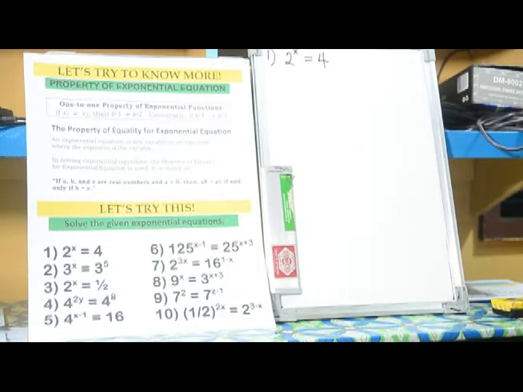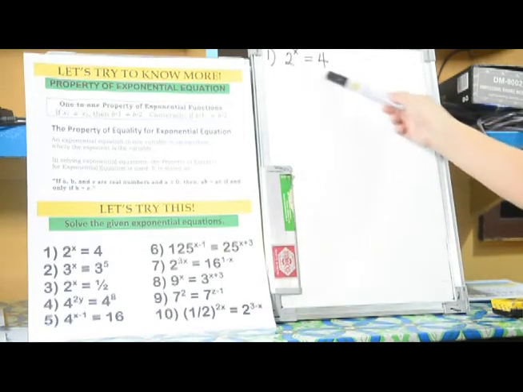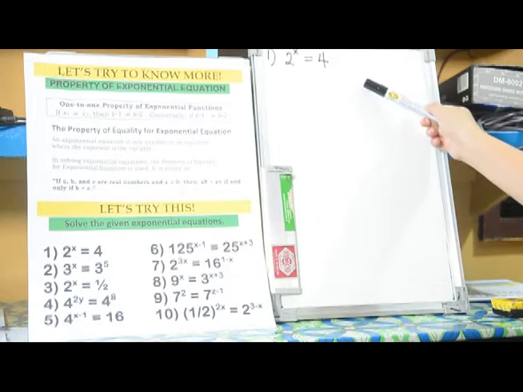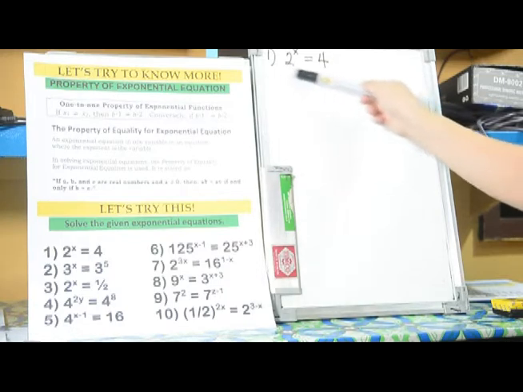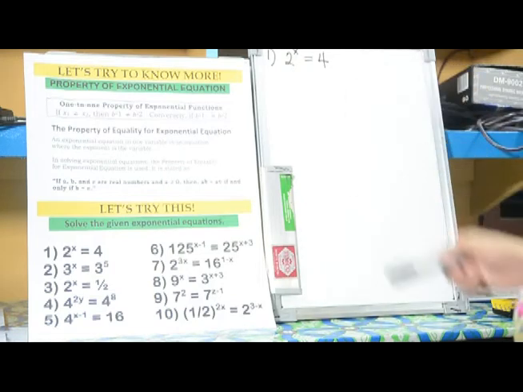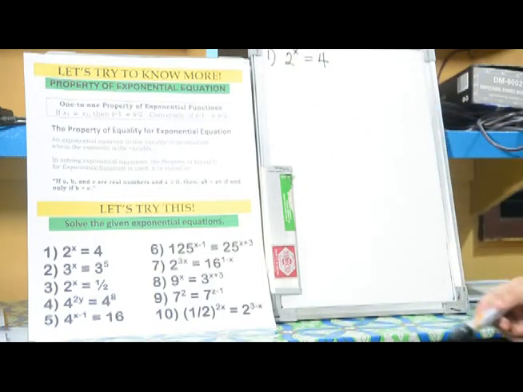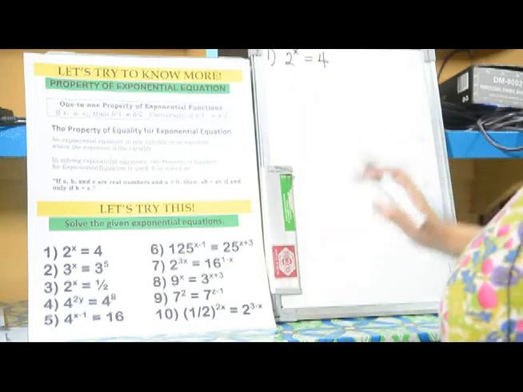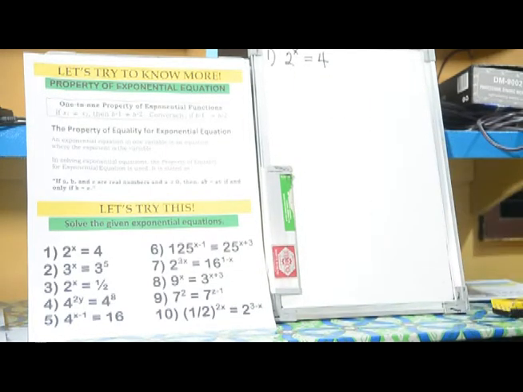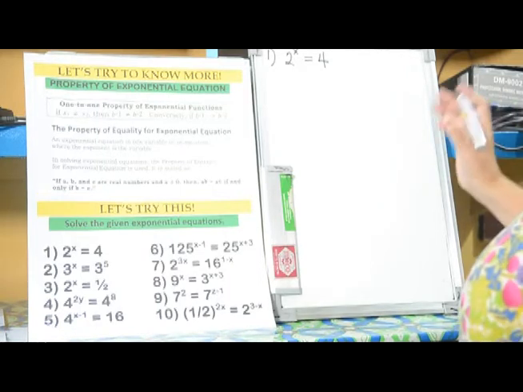So one tip, class, in solving exponential equations for you to remember is to make the base on both sides the same. Make sure that your base will be the same number so that you can actually solve for the exponent. So we have here 2 and 4. Get the least common base for the two bases.